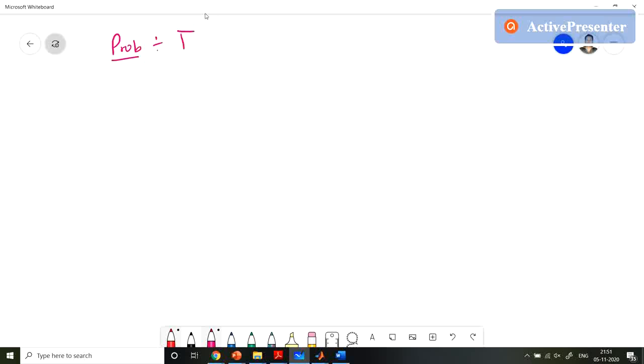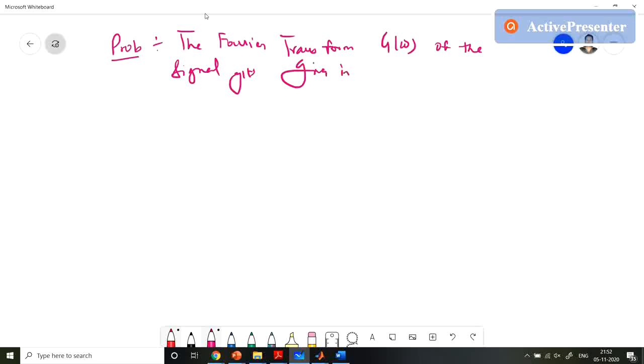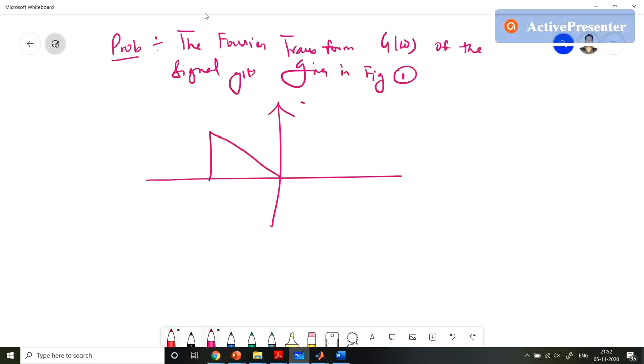So the Fourier transform G omega of the signal g(t) given in figure 1, so this is figure 1, this is g(t), this is 0, this is minus 1, this is plus 1.